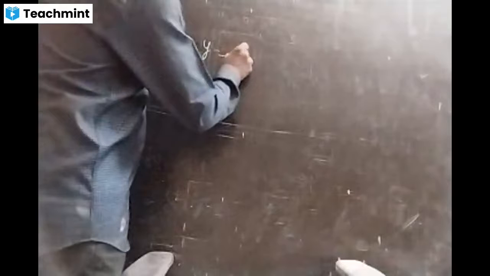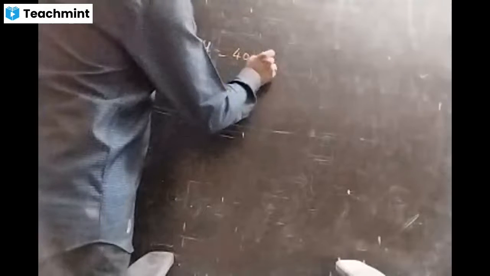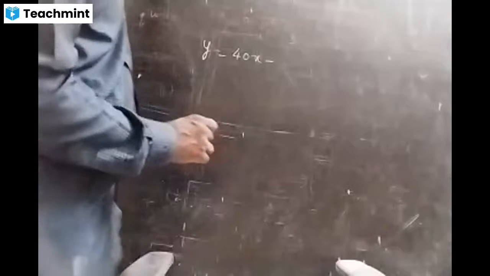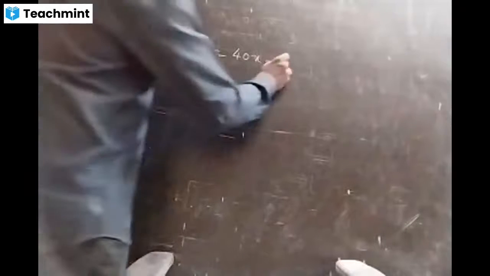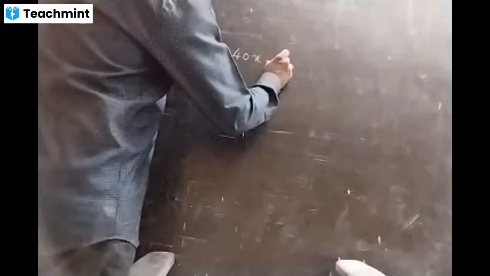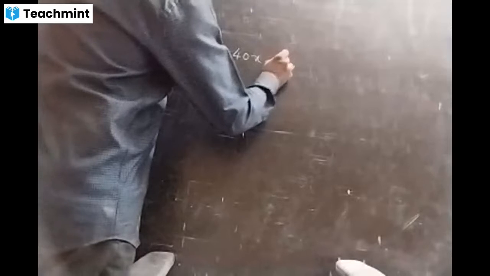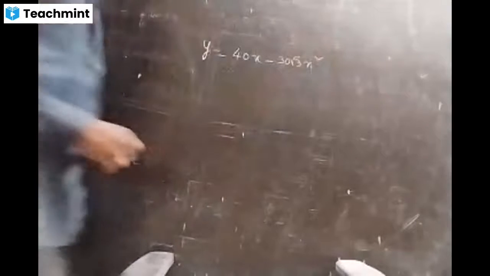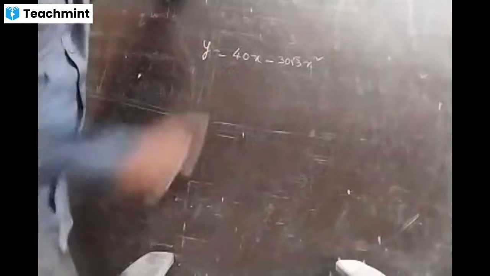Now let me give you one more. I'm giving you one equation: y is equal to 40x minus 30 root 3 x square. I have given you only this equation.